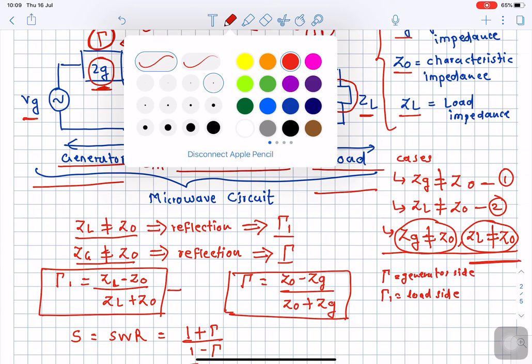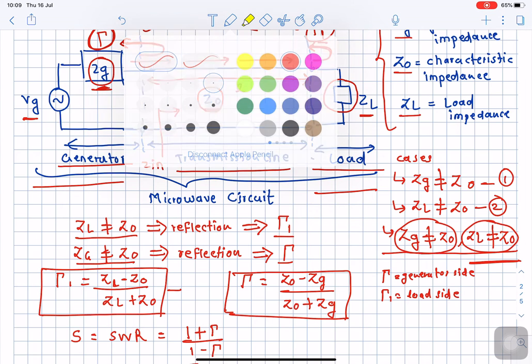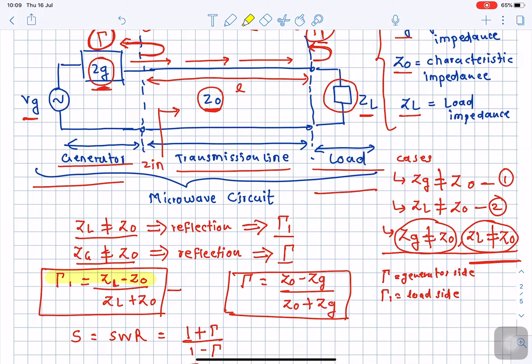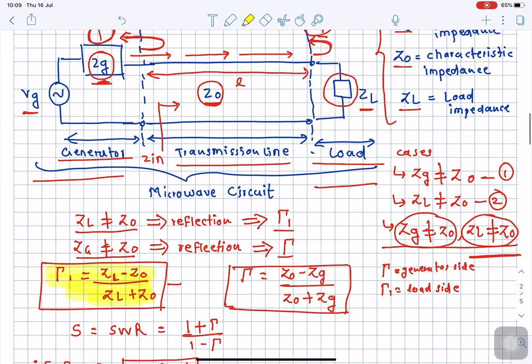So I will change the color so that we can understand, or otherwise I will make use of a highlighter. Okay, so this equation is going to give us the reflection coefficient at the load side, that is gamma 1 = (ZL - Z0) / (ZL + Z0).